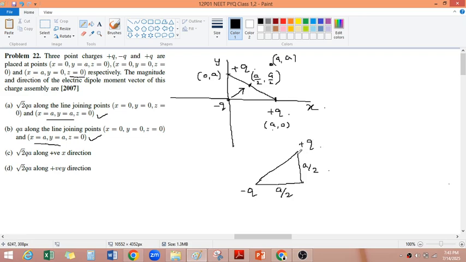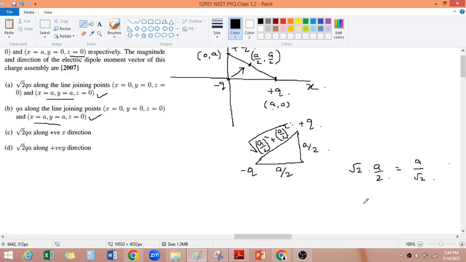So this distance would be square root of a by 2 the whole square plus a by 2 the whole square, which is a by 2 coming out commonly and then root 2. So root 2 into a by 2, where root 2 and 2 cancel to give me a by root 2. So that is the distance between plus and minus.